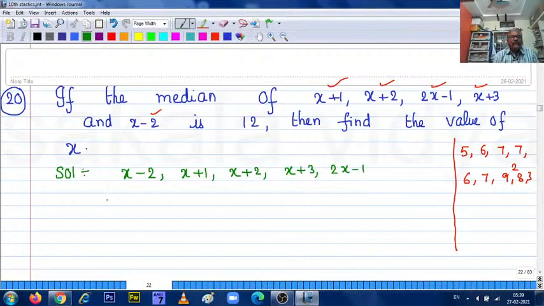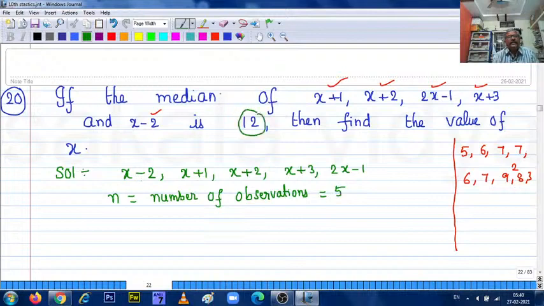So now n equals the number of observations: 1, 2, 3, 4, 5 observations. The median is given, the median is 12. So the median, this is odd, equals the (n plus 1) by 2th term.